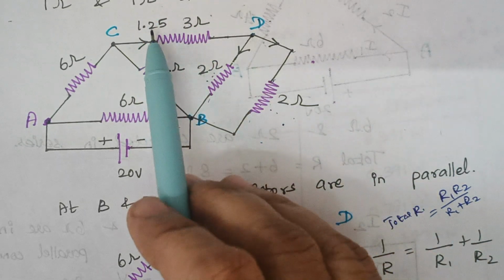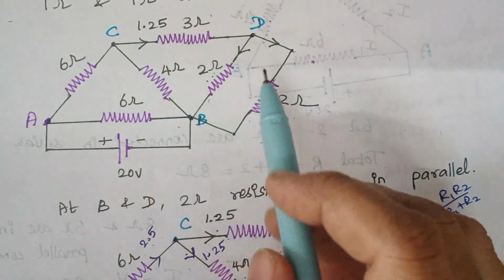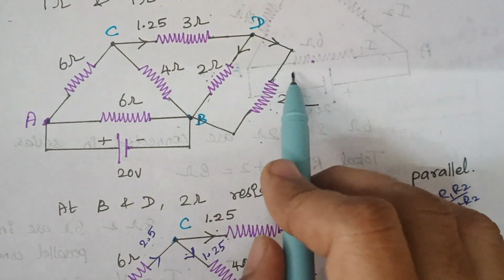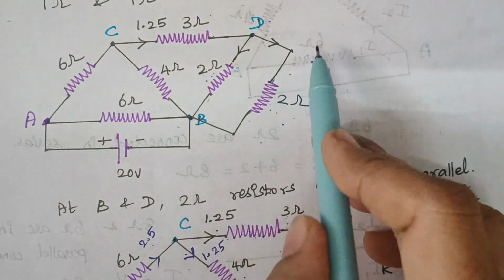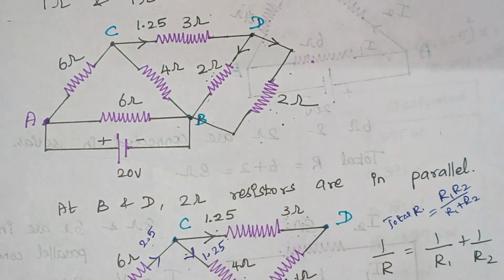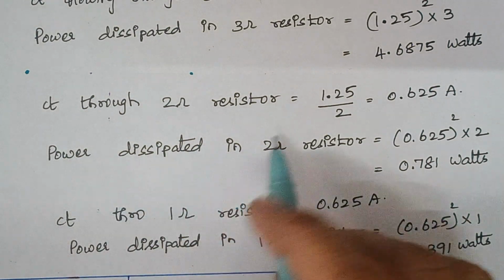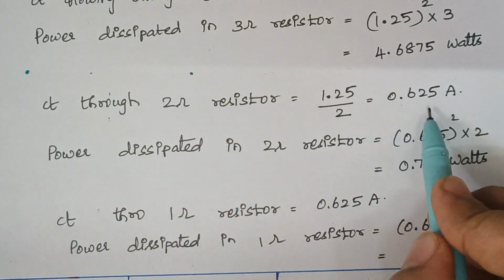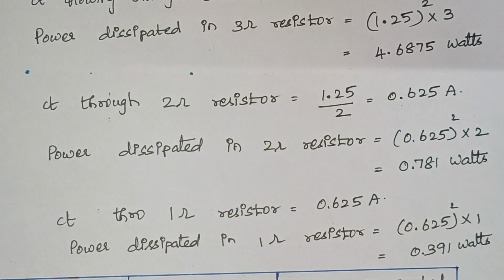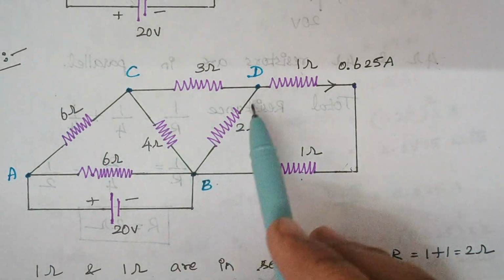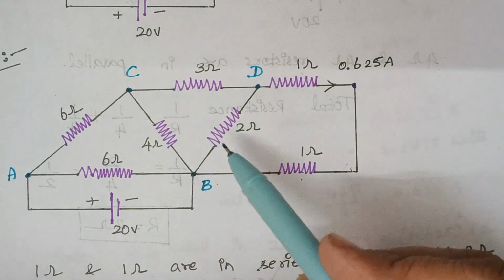Therefore, the current gets equally divided. That is, 1.25 divided by 2 amps flows here, and again 1.25 divided by 2 amps flows in this resistor. Therefore, the current through the 2 ohm resistor is 0.625 amps here. So, current flowing through this 2 ohm is again 0.625 amps.